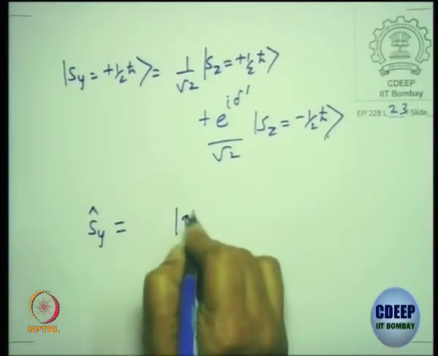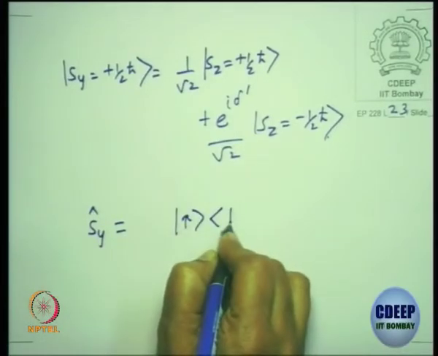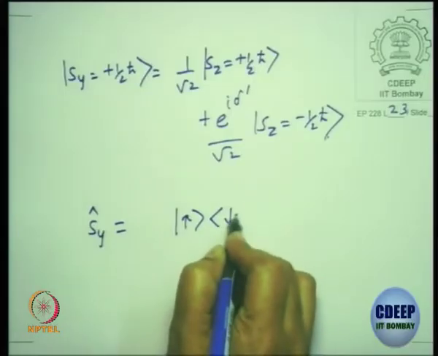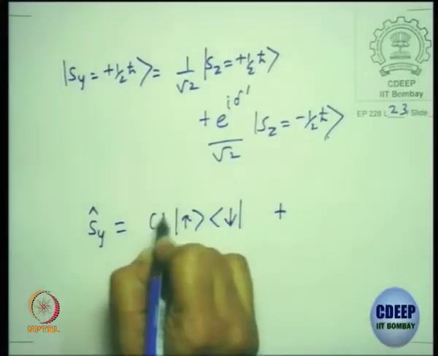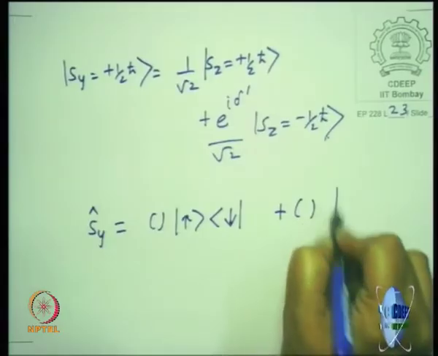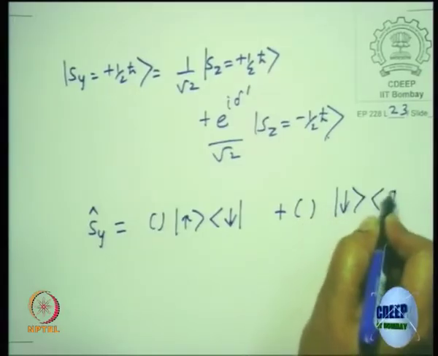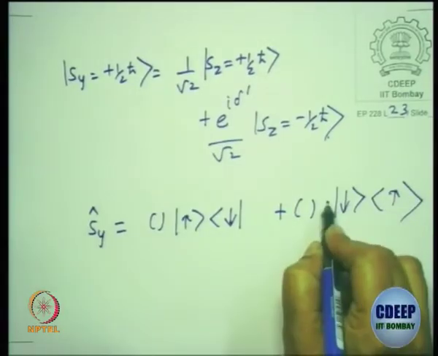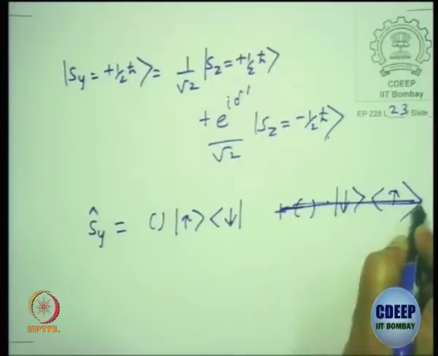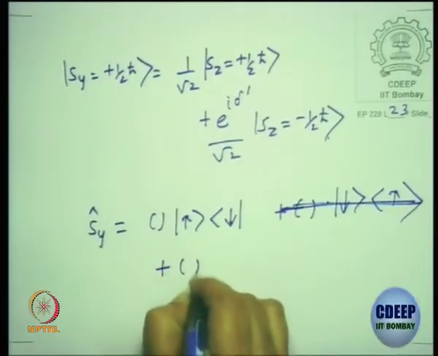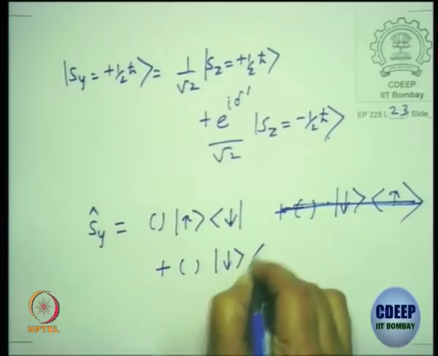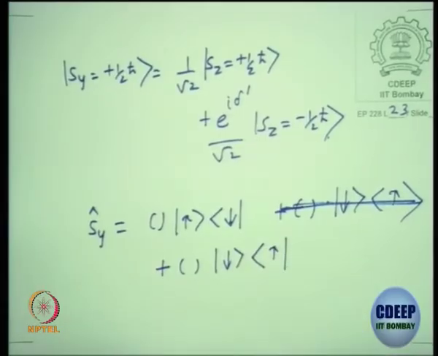Again it will be up down with some coefficient, with another coefficient, down up. Okay. What are those coefficients? Fix it by using the same arguments.